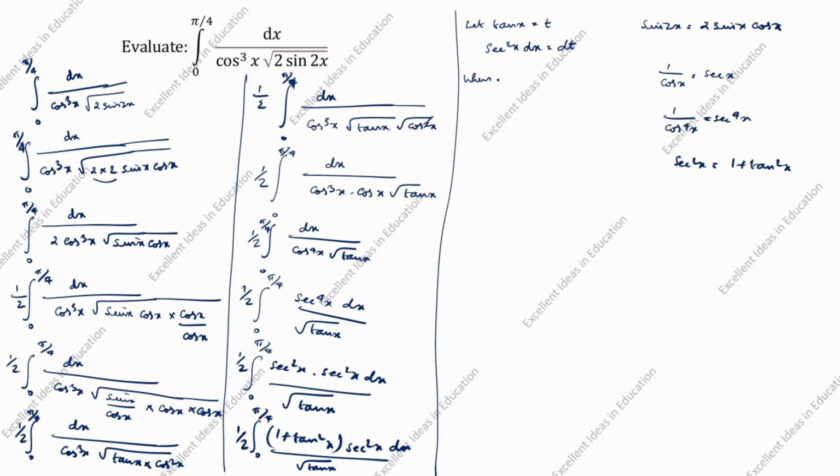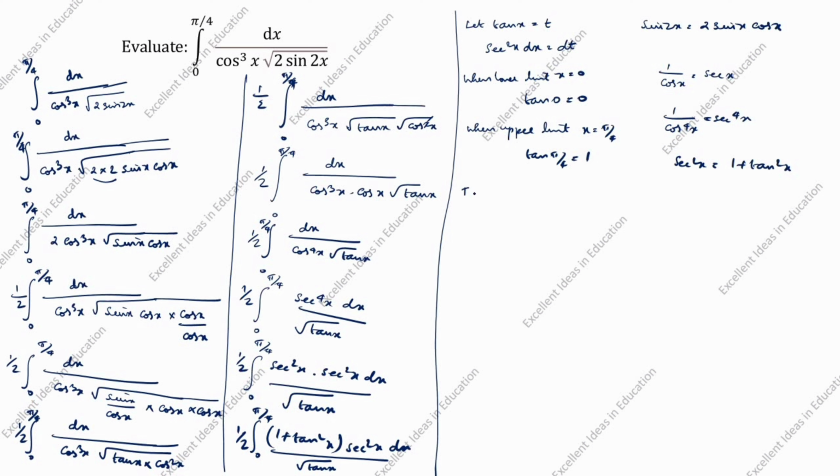When lower limit x is equal to 0, so tan 0 is equal to 0. When upper limit x is equal to pi by 4, tan pi by 4 is equal to 1.